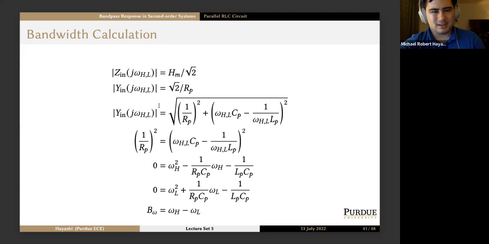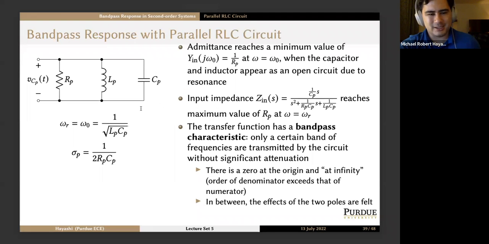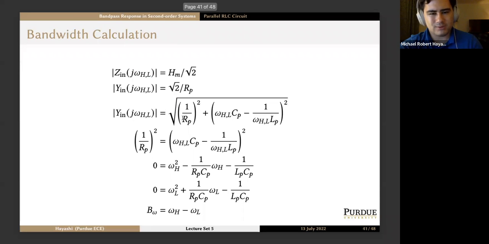All right, so what is it actually going to be equal to? So we know the admittance in magnitude is equal to the square root of (1 over R_P) quantity squared plus, in parentheses, (omega H comma L C sub P minus 1 over omega H comma L L sub P) all squared.